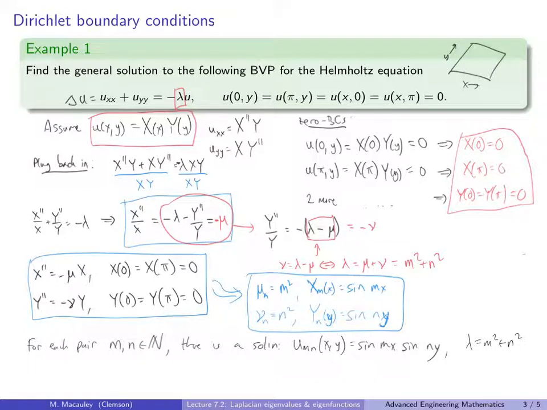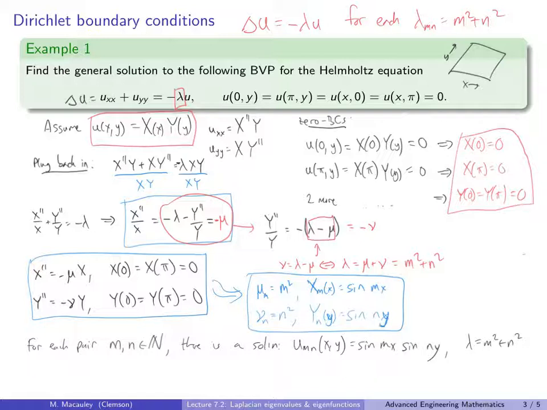What that means is we have a solution to Laplace's equation, which is Laplacian of u equals negative lambda u for each lambda mn equals m squared plus n squared.